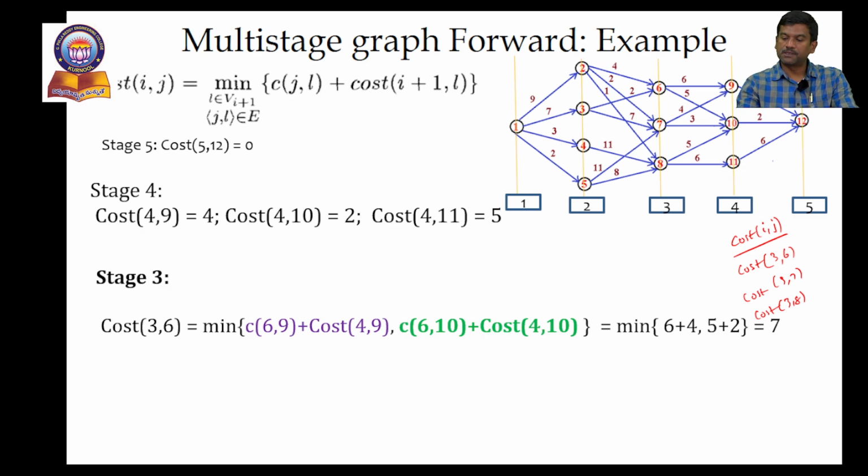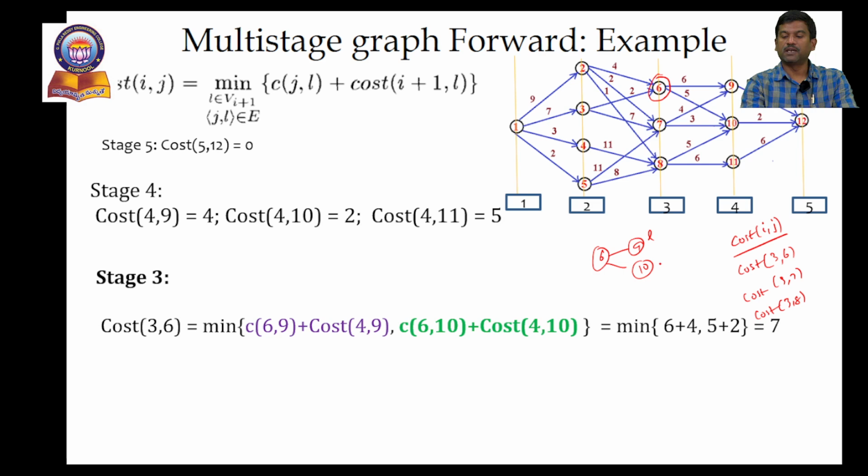If you consider stage 3 and the value of j to be equal to 6, from 6 identify the various edges which are connected. From 6 we can connect to 9, and from 6 we can connect to 10.